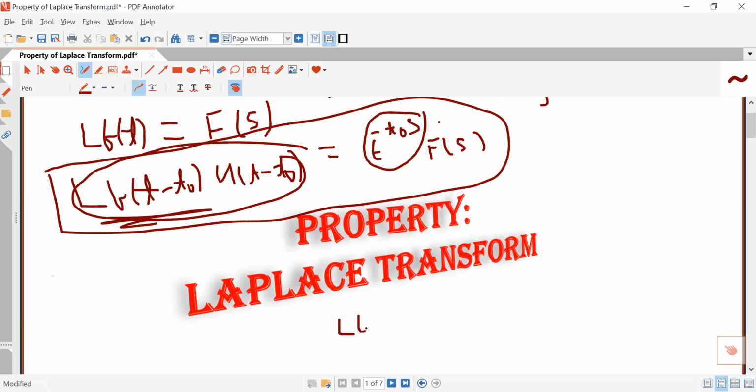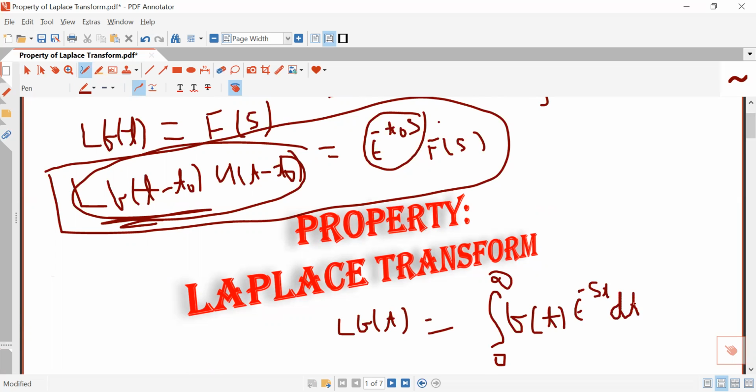And as you know, Laplace transform of any function f(t) is the integral from 0 to infinity of f(t) e to the power minus st dt. So if you want to calculate Laplace transform of this function, then in place of f(t), you will have to write f(t minus t0) u(t minus t0).